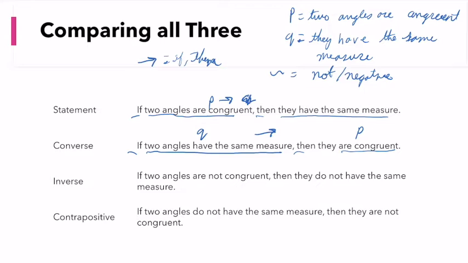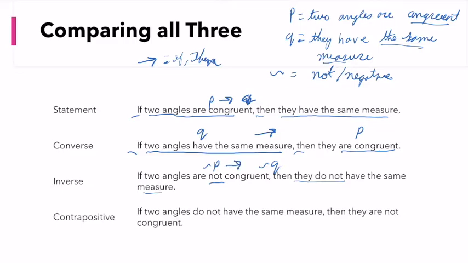The inverse is if two angles are not congruent, right? So P is when they're congruent, Q is have the same measure. I'd have not P, then they do not have the same measure would be not Q, and I've got an if-then implication right there.